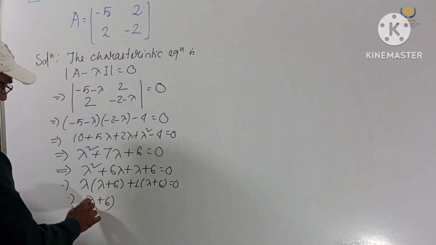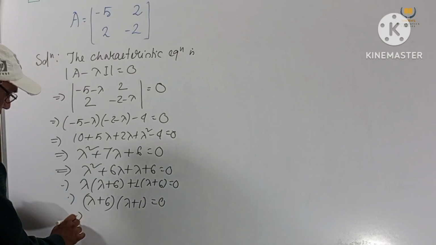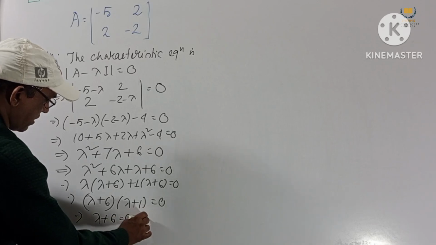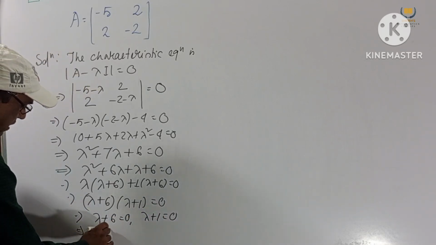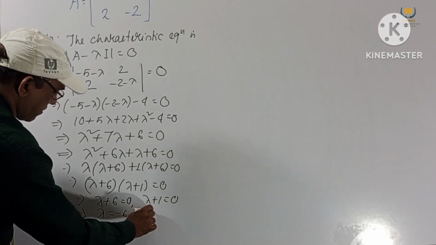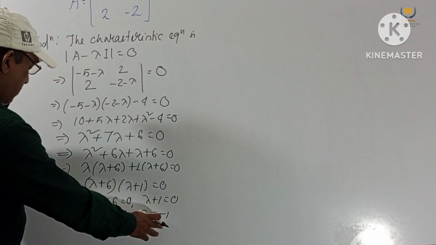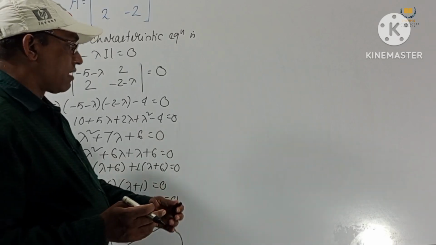Lambda plus 6 common, lambda plus 1 equal to 0. So lambda plus 6 equal to 0, lambda plus 1 equal to 0, and this implies lambda equal to -6, lambda equal to -1. So we get eigenvalues are -1, -6. Next you have to find eigenvectors.